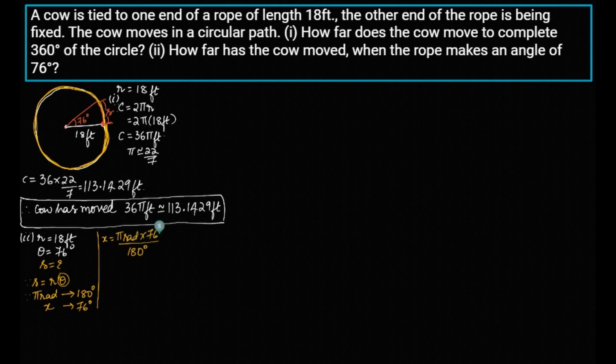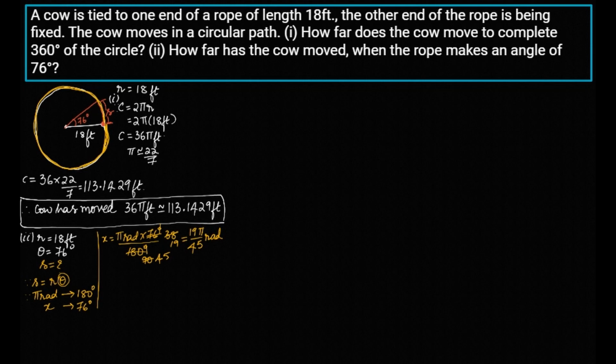So degree and degree unit cancel out each other. 2 into 3 is 6, remainder is 16. 2 into 8 is 16. 2 into 90 is 180. 2 into 45 is 90. 2 into 19 is 38. So we get the value of theta as 19 pi by 45 radians.